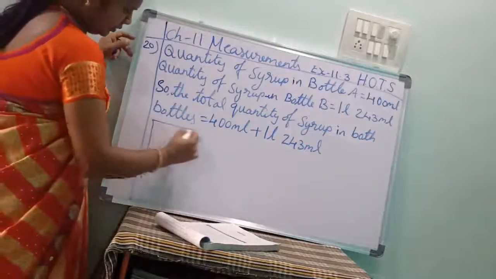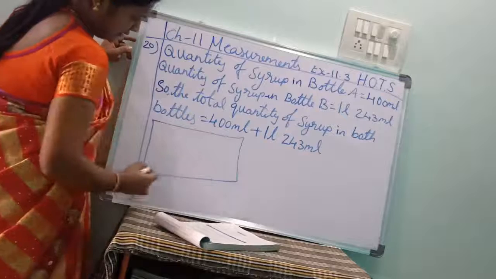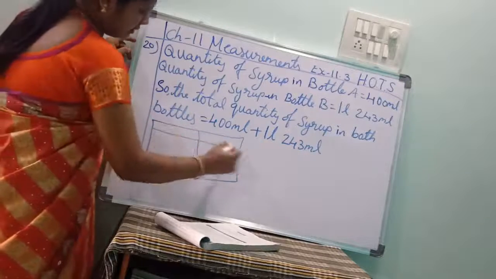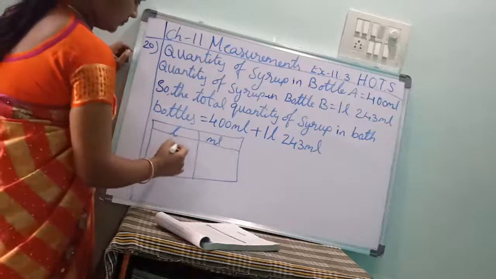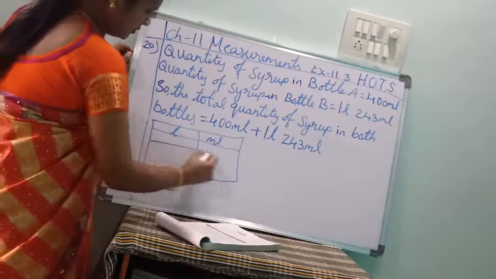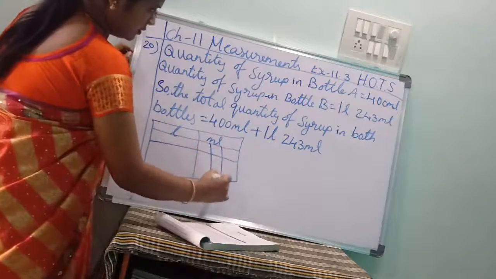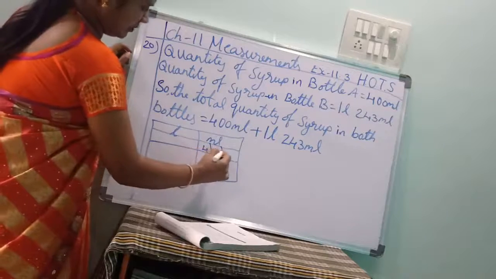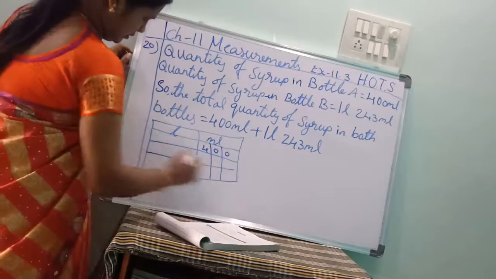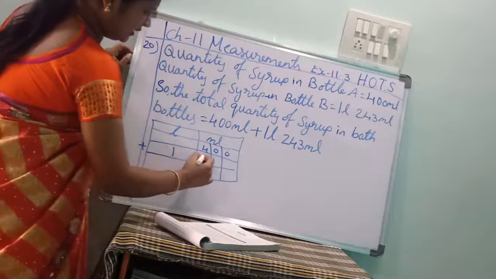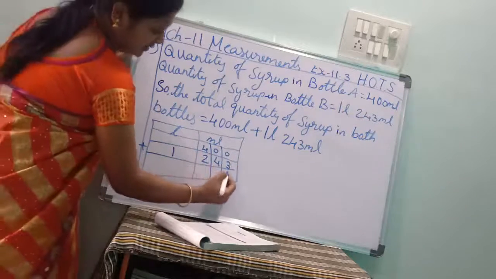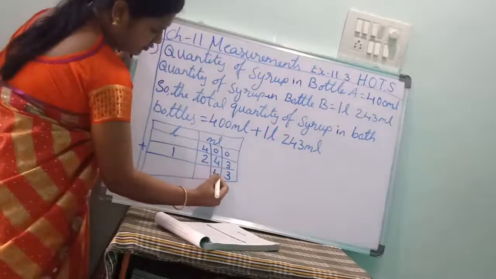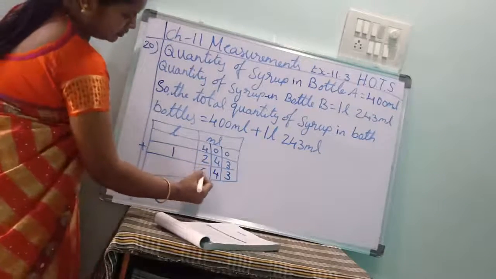You should do addition. Yes, liter column, milliliter column. See, 400 ml plus 1 liter 243 ml. 0 plus 3, 3. 0 plus 4, 4. 4 plus 2, 6.